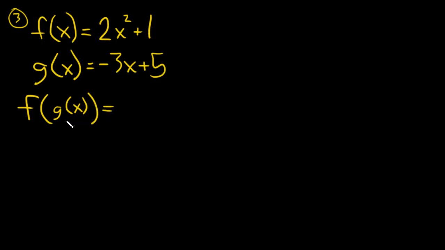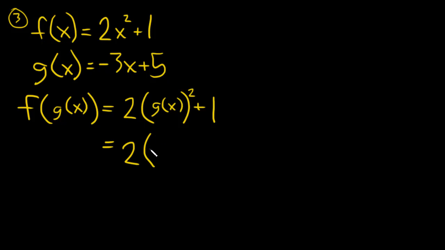Okay, we're going to do it just like we did before. So f of x is 2x squared plus 1, so f of g of x is going to be 2 times g of x squared plus 1. And since I know that g of x is negative 3x plus 5, I just substitute that in. So 2 times negative 3x plus 5, quantity squared, plus 1.